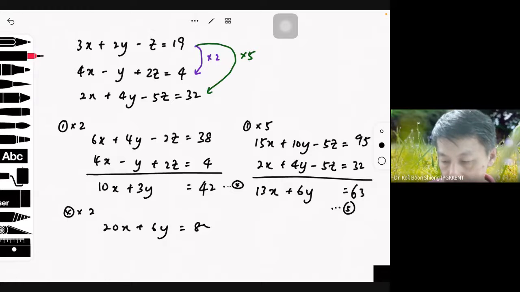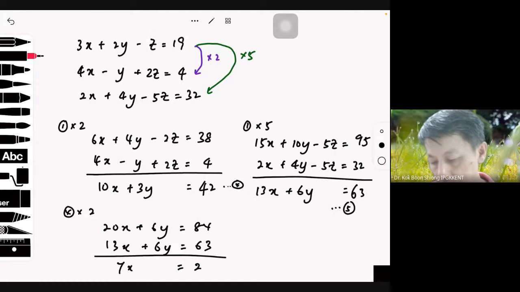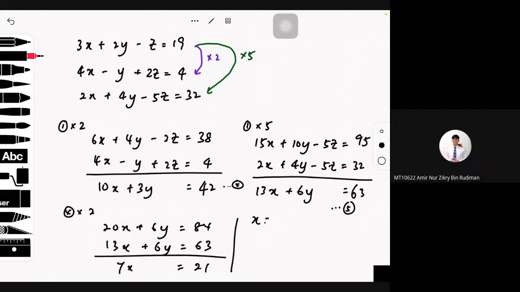And then the fifth one, so we take this one minus this one, we have 7x equals how many? 21. So x equals 3.